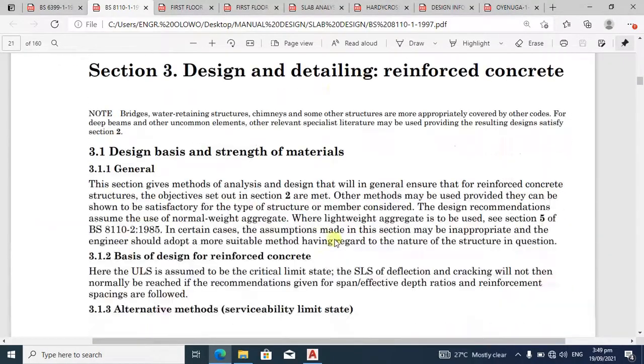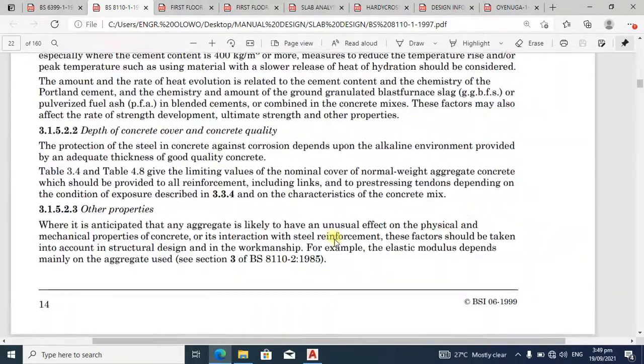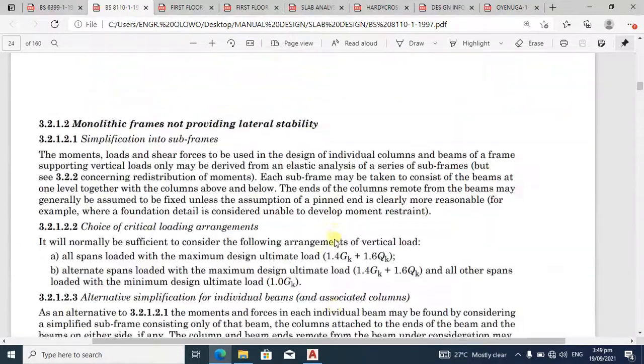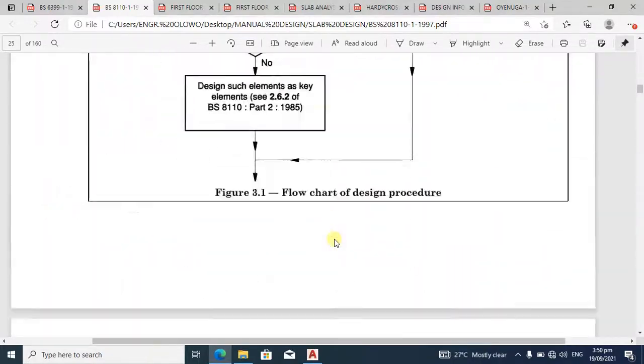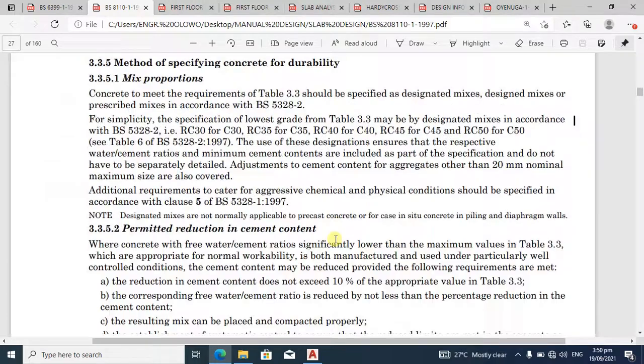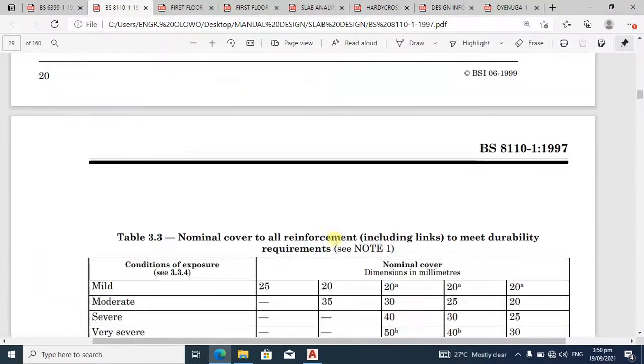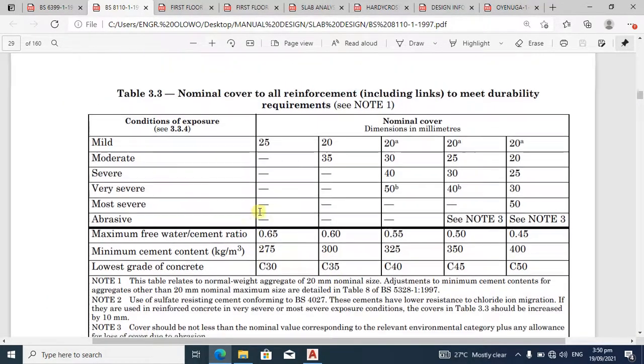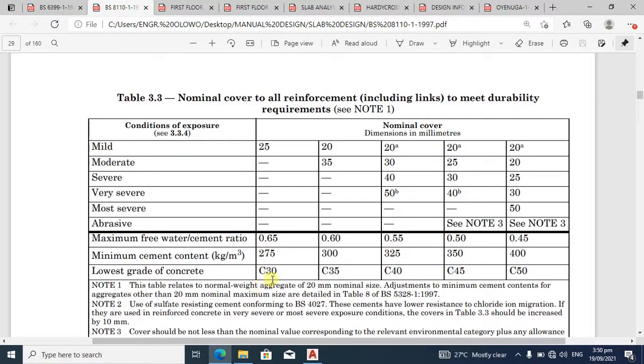You remember that table where we have different classes of concrete? Remember, we could not find a column for our class of concrete. Yeah, this is it. Remember, the lowest grade we have on this table is C30, so we are using C25 for our design. Anyway, we are still safe.